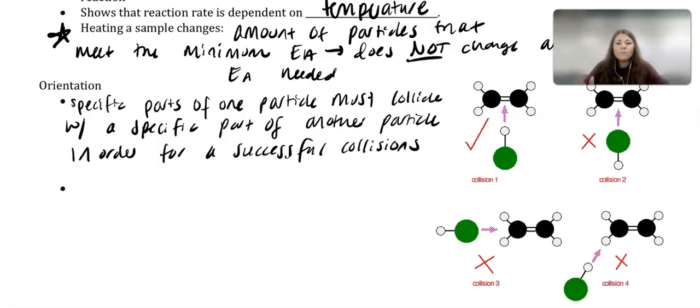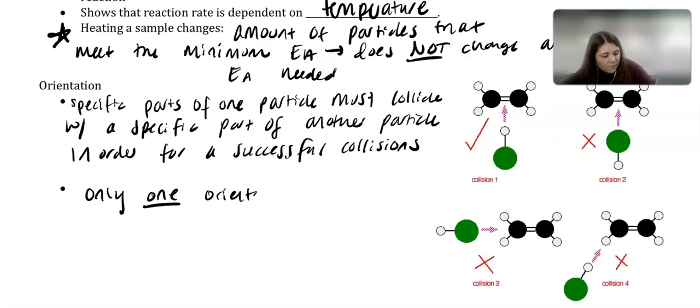So when we mean by orientations, yes, it means that it needs to be colliding. In some cases, it could be head-on. But also if it's head-on, it has to be hitting the correct part of that molecule. Okay, because if you can see in that diagram to the right, here only one orientation allows for a reaction to occur.